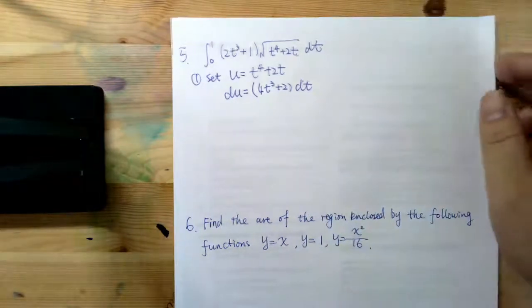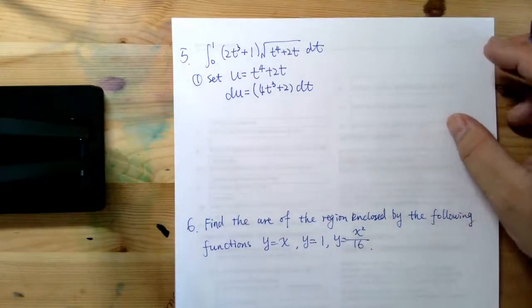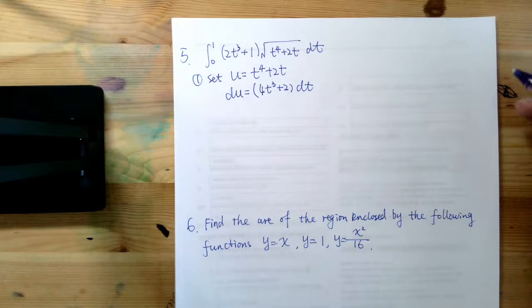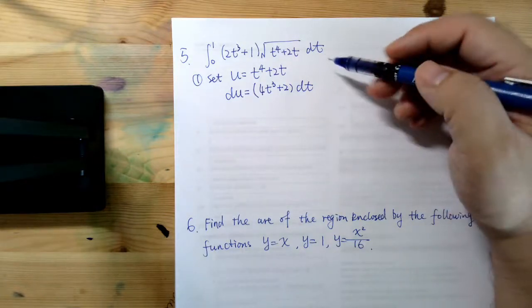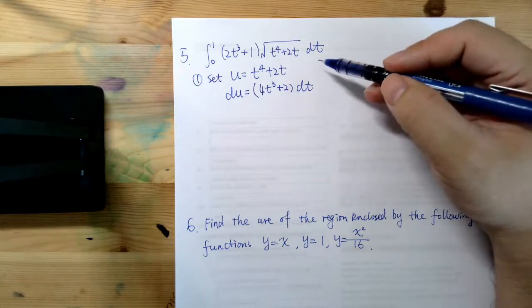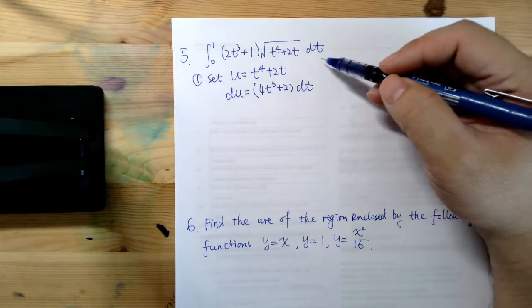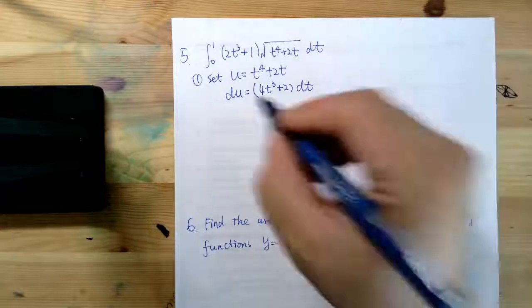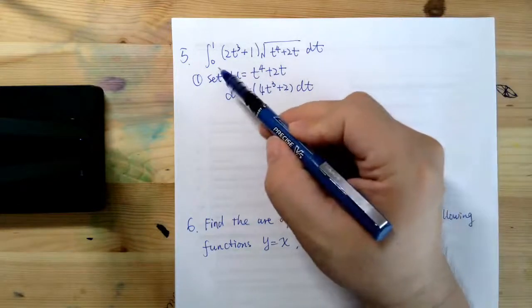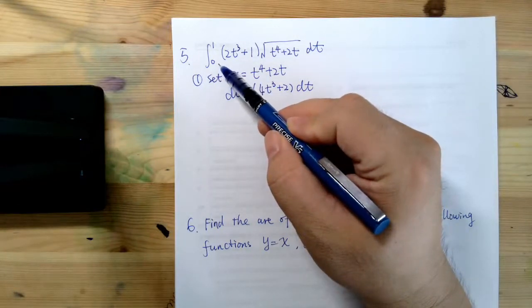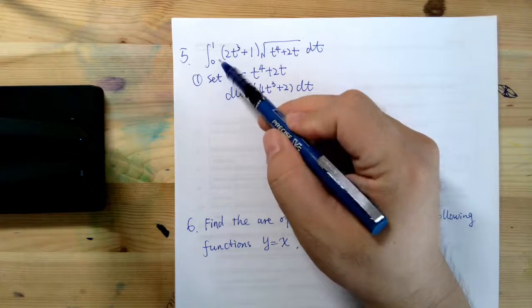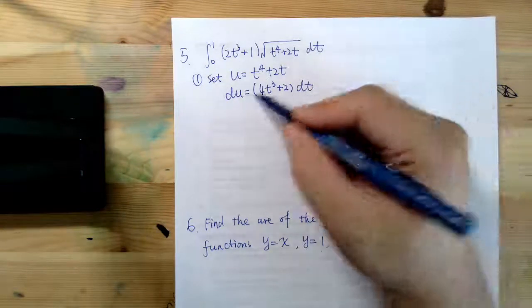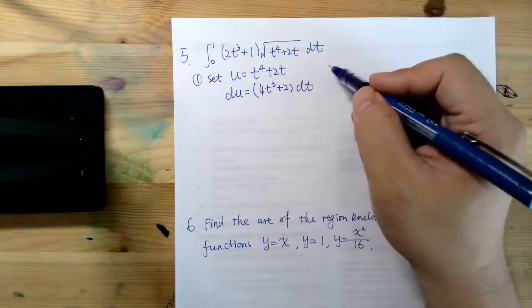times dt. The difference between using u substitution for a definite integral compared to an indefinite one is you need to do one more step. That is, you need to find the corresponding limits for the new integral in terms of u instead of t.